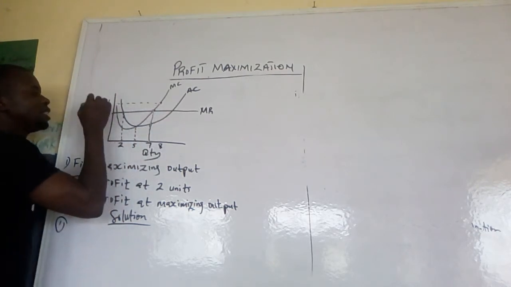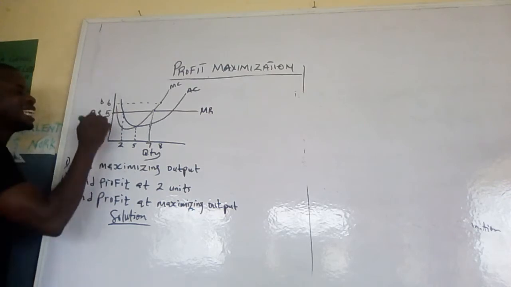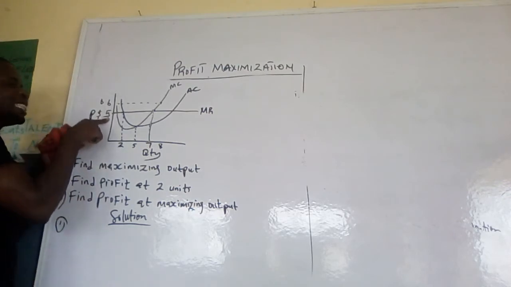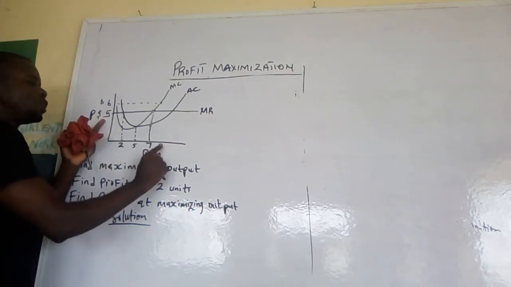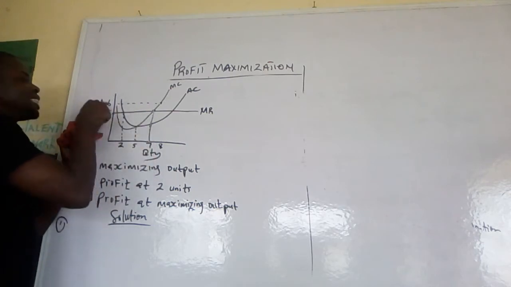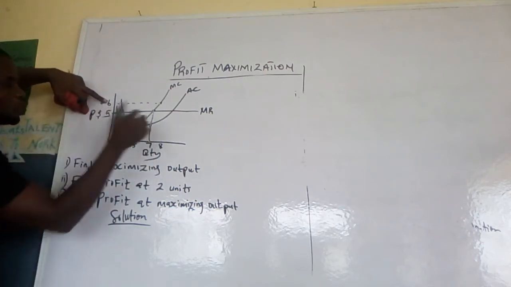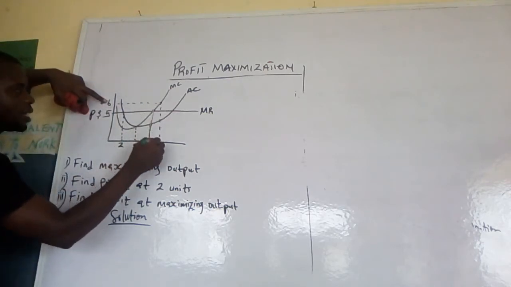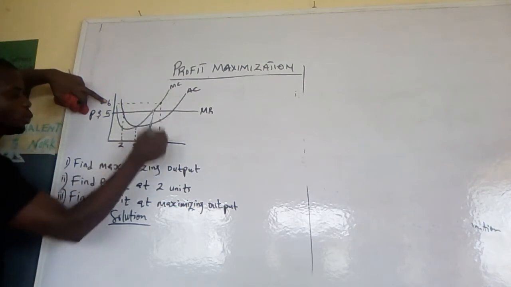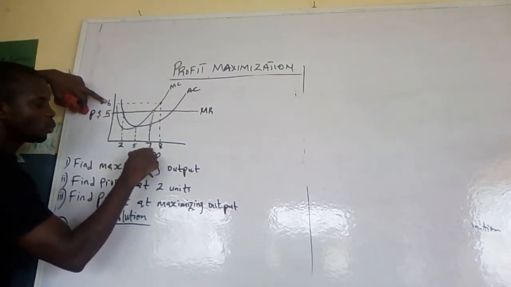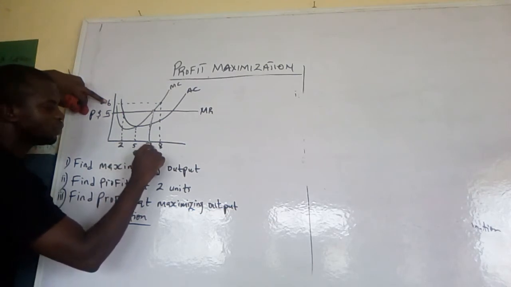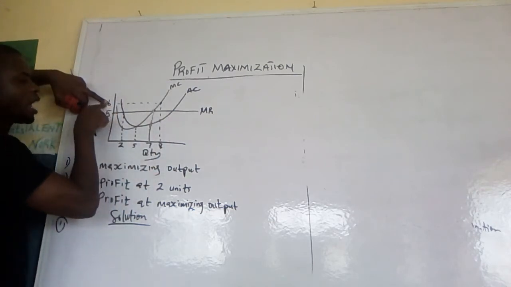It can be like $6, which means it's greater than the price. You can see the cost. The additional cost to produce just 1 unit, from 7 units to 8 units, is $6.